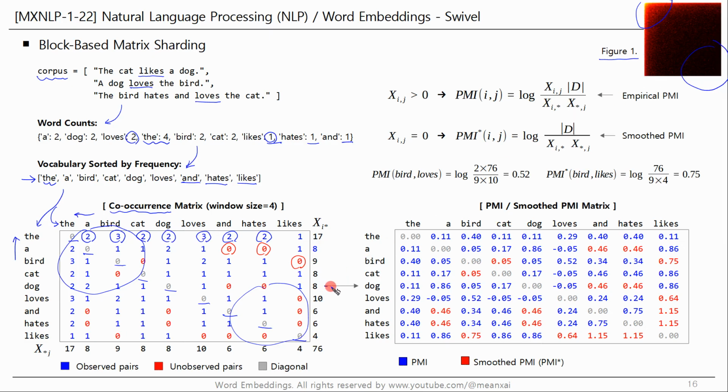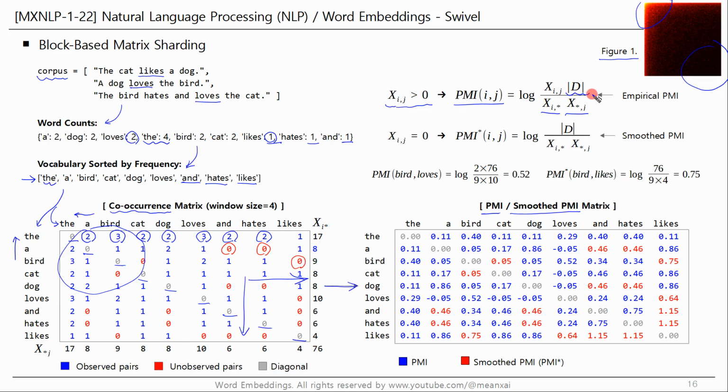Next, we use this co-occurrence matrix to construct a matrix containing both PMI and smoothed PMI values. For observed co-occurrences, where Xij is greater than 0, we calculate PMI using this formula. Here, Xi* is the sum of the counts in row i, and X*j is the sum of the counts in column j.